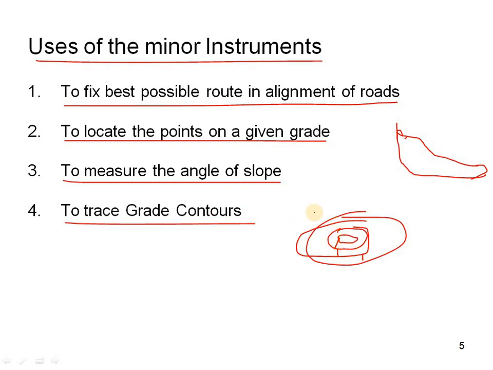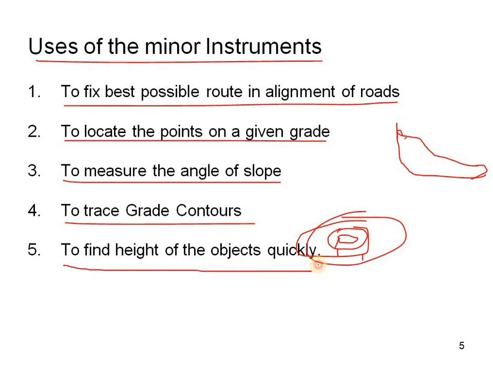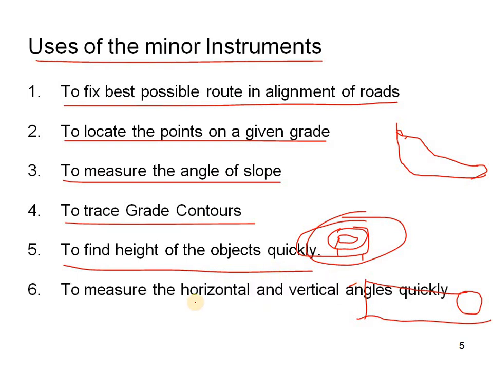By this we can trace the grade contours, and find the height of objects quickly. We can find the height of objects with the clinometer very quickly, very easily, and measure the horizontal and vertical angles quickly, that means in horizontal and in vertical also.